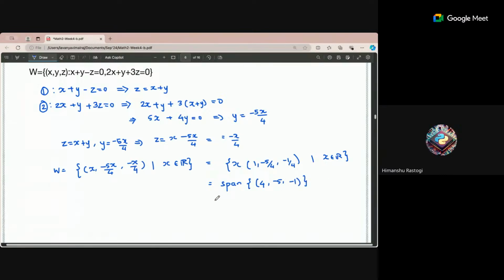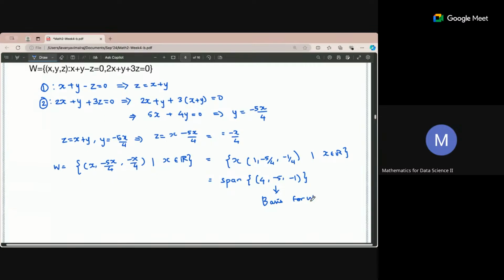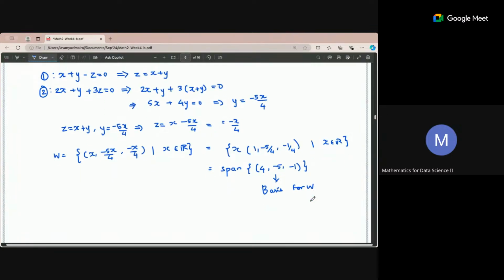And this vector forms a basis for W, correct? Okay. So now finding a basis for subspaces of R2 and R3 is clear, right? These are the most general types. Sometimes you have other types also, but I have given the technique for the most general subspaces we are using.